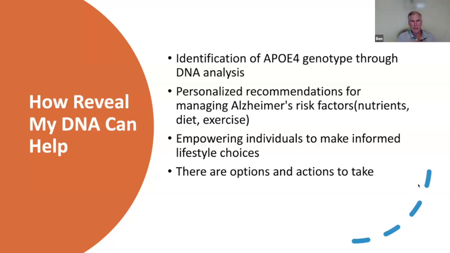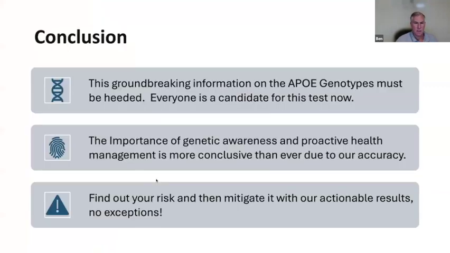But if you have an E4 allele, these early strategies are what you're going to attack. It doesn't matter when the Alzheimer's started, when it began in the body, or in the lifespan, I guess is the answer.